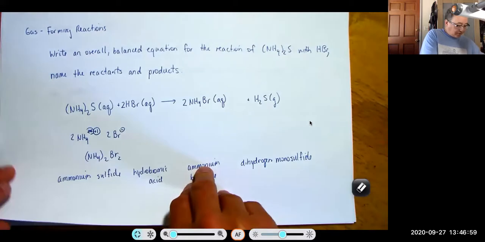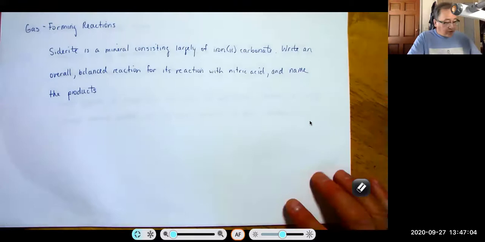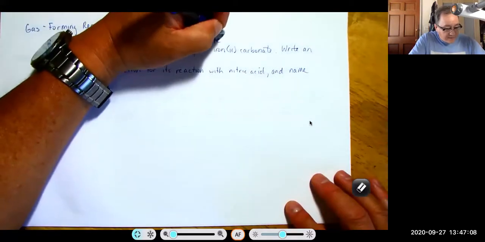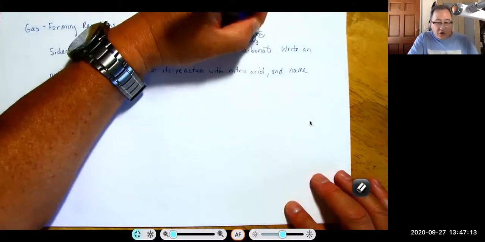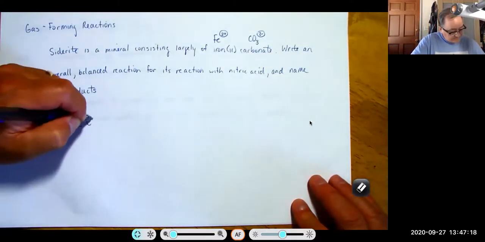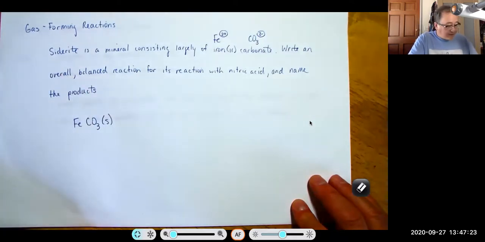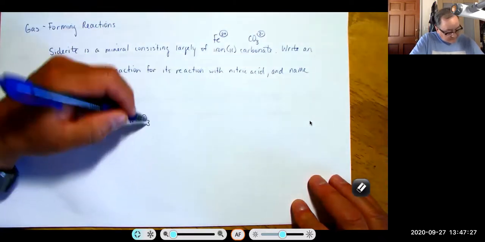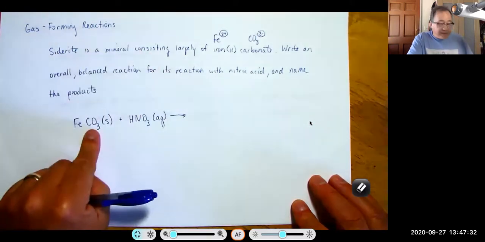Okay, so now we can look at this one again and we can work on it. So iron 2 carbonate, I'm going to put the formula for iron 2 up here, the formula for carbonate up here. And since they both have a charge of 2, I want one of each. It's a solid because of the carbonate. It's going to react with nitric acid. Now, we have one carbonate and we need 2 hydrogens.